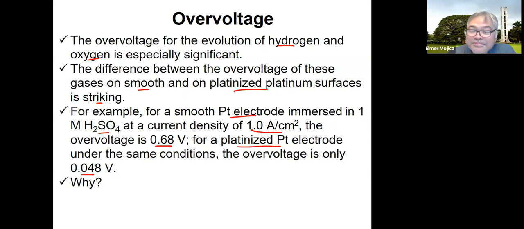Why? What accounts for the difference in the overvoltage? Anyone? What is the difference between the two?